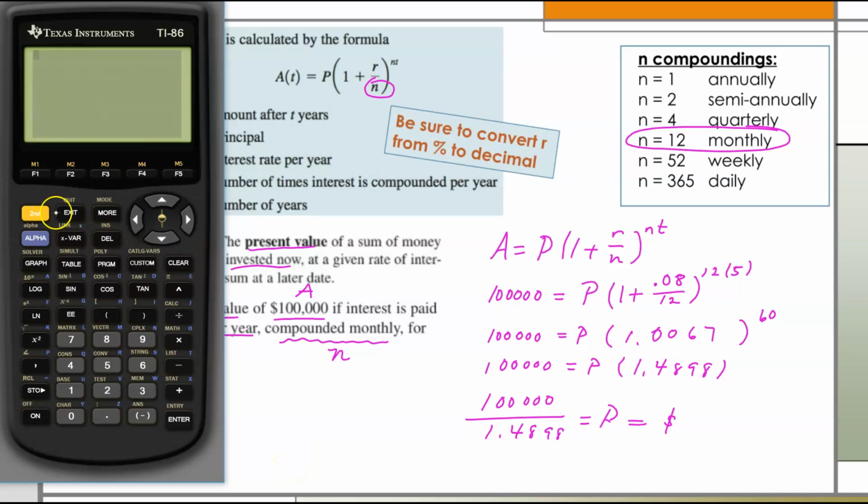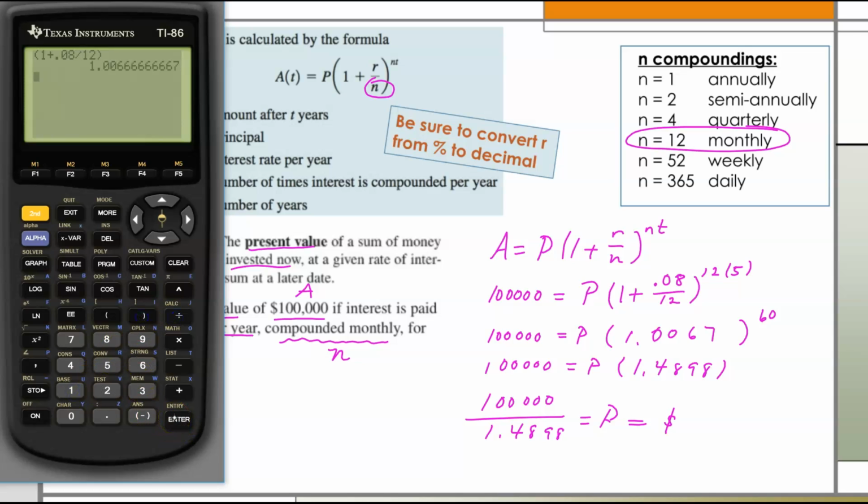Okay, so I'm going to hit second, arrow, enter. Okay, maybe it's just easy to type this in. Sorry about this. Okay, 1 plus 0.08 divided by 12.